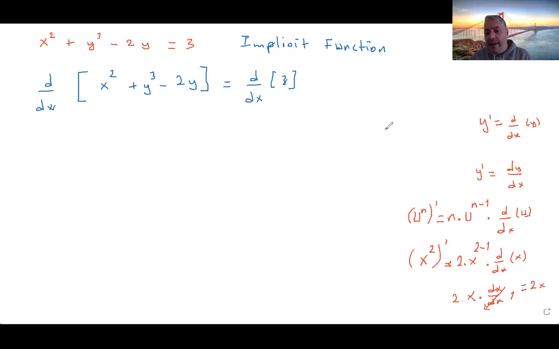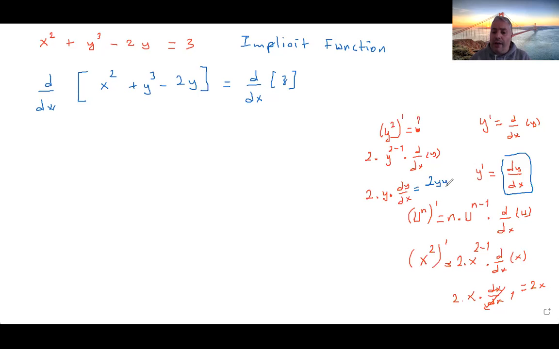If I have the derivative of y squared, be careful now, this is 2 times y to the power of 2 minus 1 times dy dx. So 2 times y times dy dx. What is dy dx? Dy dx is y prime. So this is 2y prime.